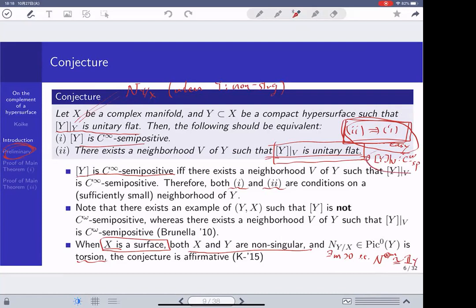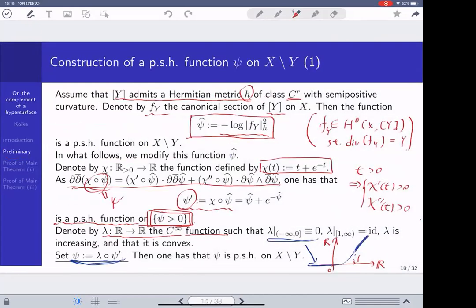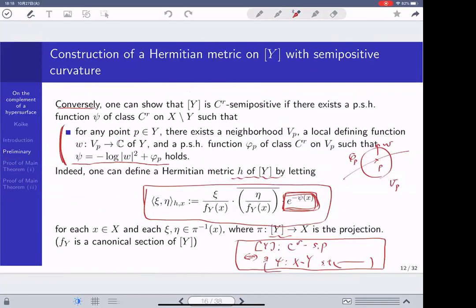And if the line bundle of Y is C omega semi-positive on the neighborhood of Y, then on the neighborhood of Y, we can construct this kind of pre-subharmonic function.